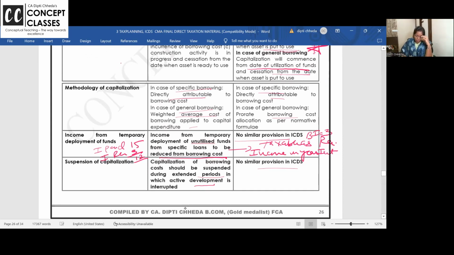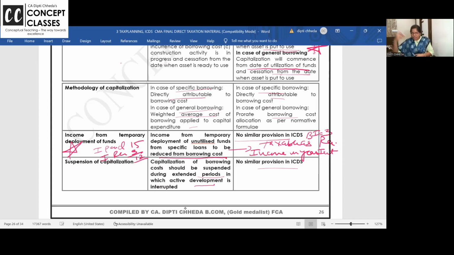And the most important point of difference is this. In books of accounts or in AS 16, they say if the fund is taken, but for some reason the work is stopped, there is temporary suspension of the work and this fund is idle and you have given it to others, and you have received interest, saying, "Okay, I don't need it, I have taken a bank loan, anyhow my meter is going on.